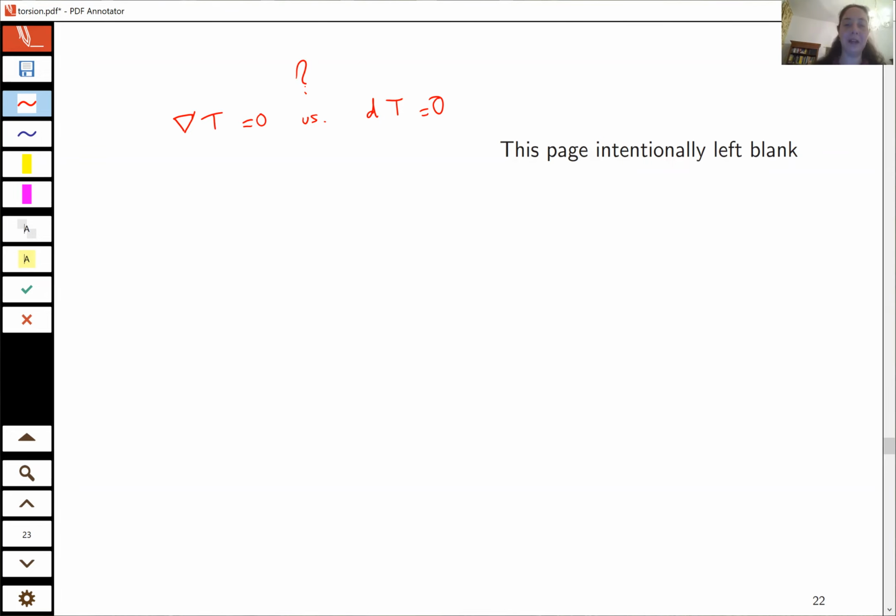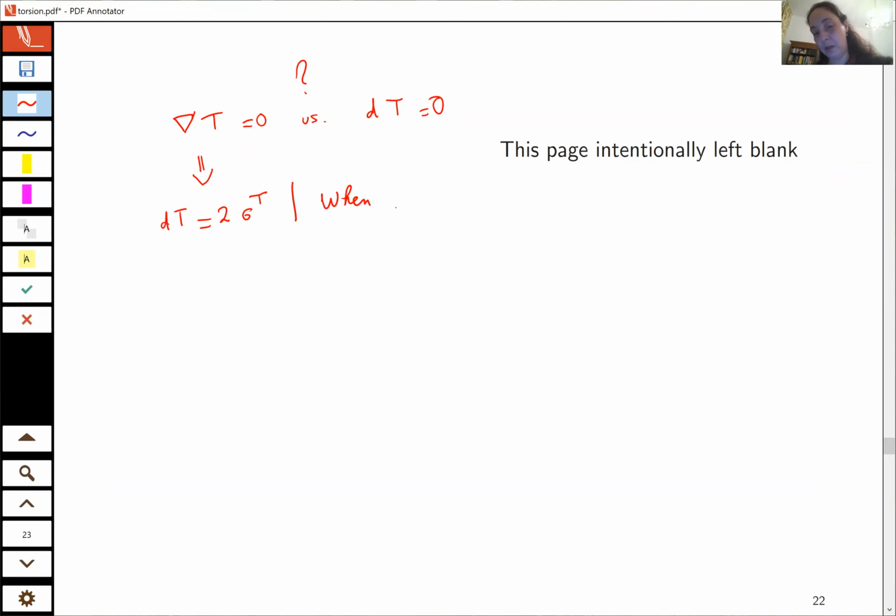So what do I mean by that? Well, if nabla T is 0, then you conclude that dT is equal to twice this element sigma T I defined before. So if you have parallel torsion, then in order to have closed torsion, you need sigma T to be 0.